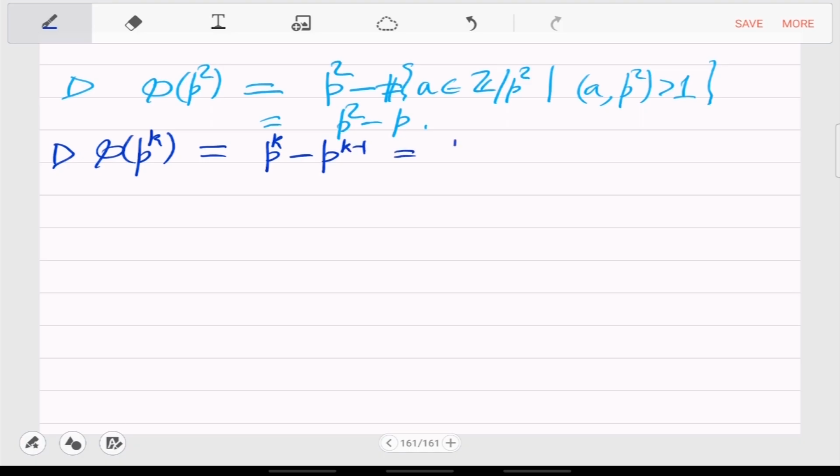Or you can also say p raised to k times 1 minus 1 by p. Right, so this is the expression for all k greater than or equal to 1 and p prime. Is this clear?